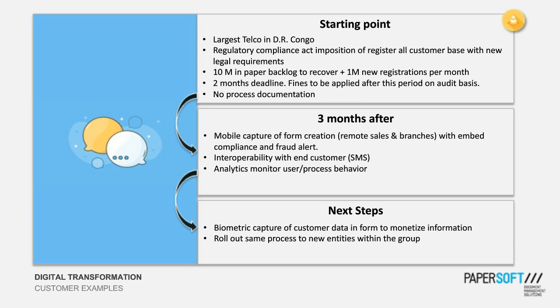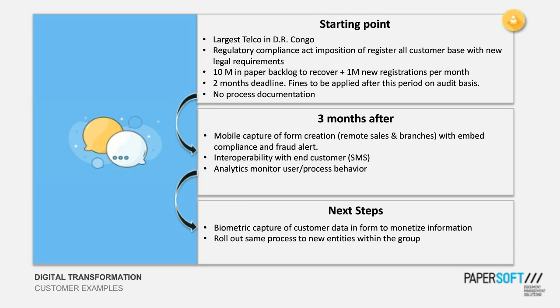As the next steps, we are working with this customer on the form generation based on the information captured, both on pictures or data that is automatically pushed into the form. We are now adding the biometric capture of the existing customer base.